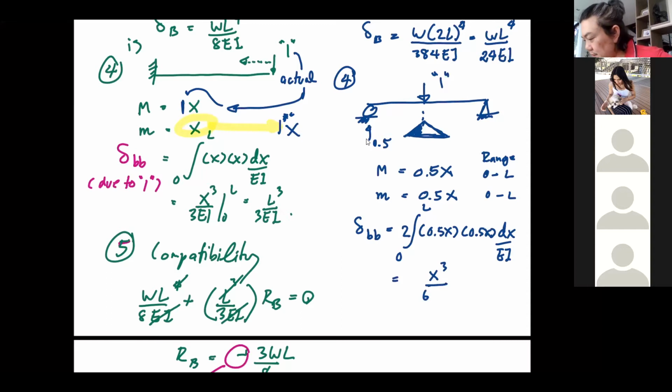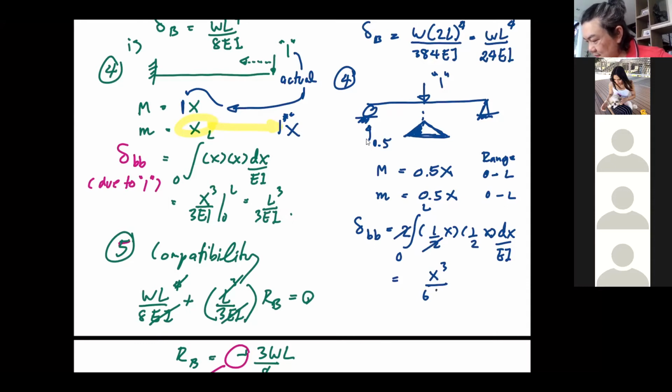Let me be neat. Okay, it's a half. It's a half. That is gone. Okay, and we have x cubed over 3 multiplied by 2.